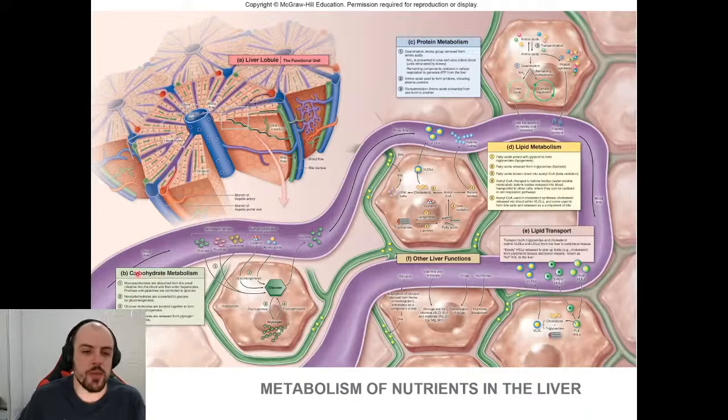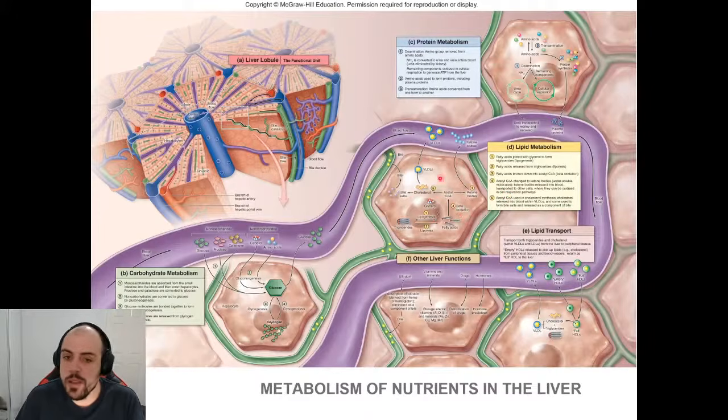So for instance here, when we're looking at our carbohydrate metabolism, it ultimately comes down to how much sugar we already have in our bloodstream. And we can either store it as a carbohydrate or store it as fat, or we can release that glucose through the blood to feed and fuel our tissues.